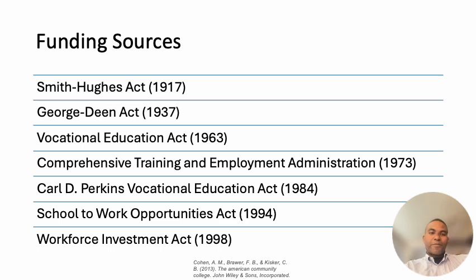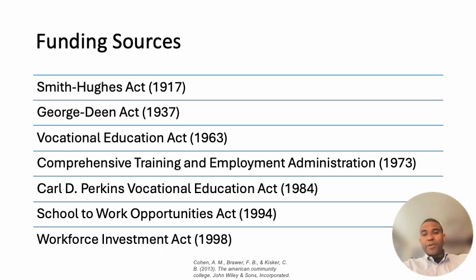Some of those different funding sources included the Smith-Hughes Act of 1917, the George Dean Act of 1937, and the Vocational Education Act of 1963, and that was a big driver. While there had been some vocational components of those previous acts, this act was really 100% dedicated to funding vocational education.